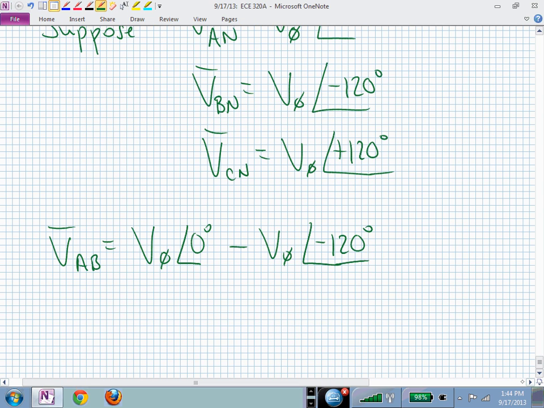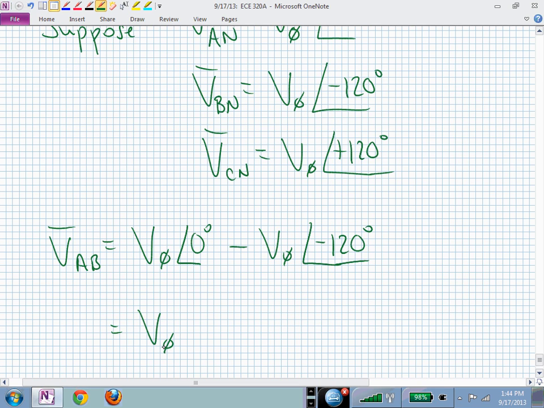And now aren't you glad you know your trig and how to relate phasors, convert those into complex numbers? These are just magnitudes and angles. This is polar notation, but we can put that into rectangular form.